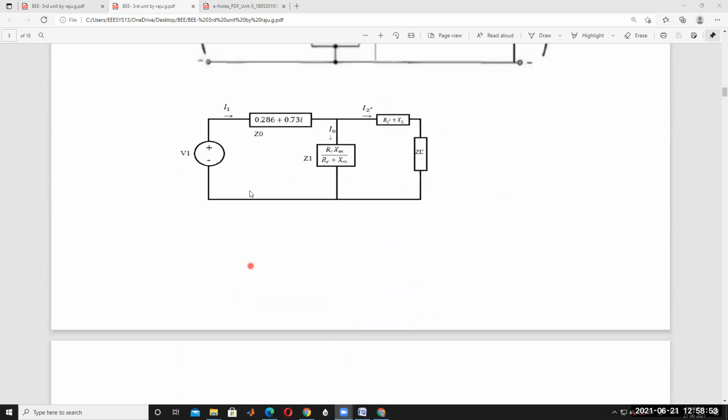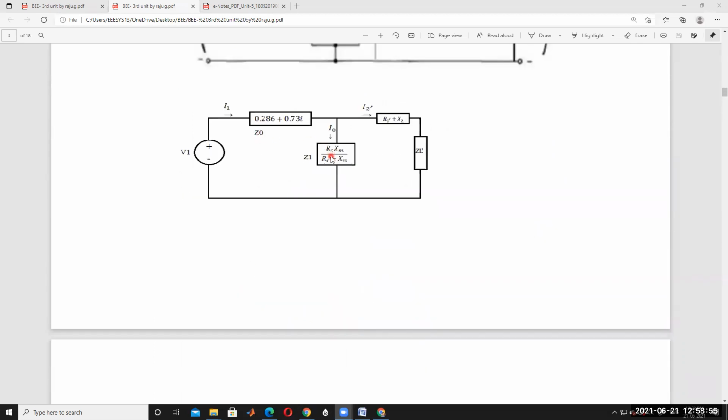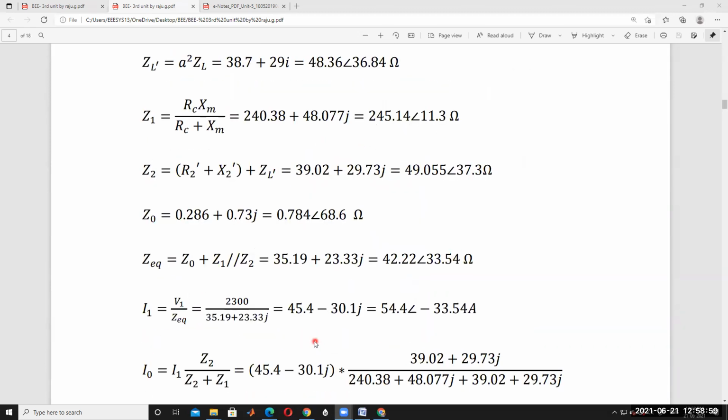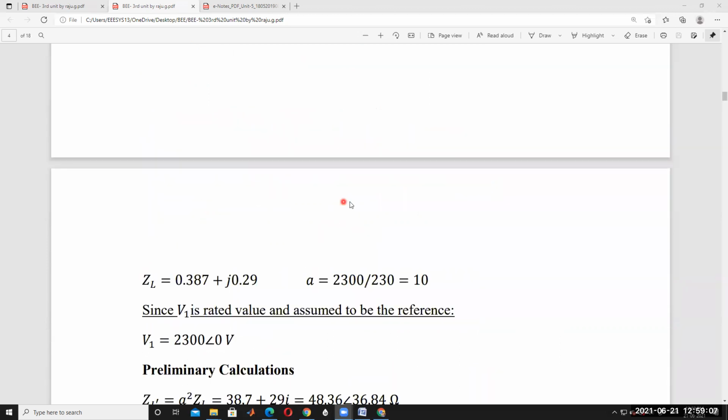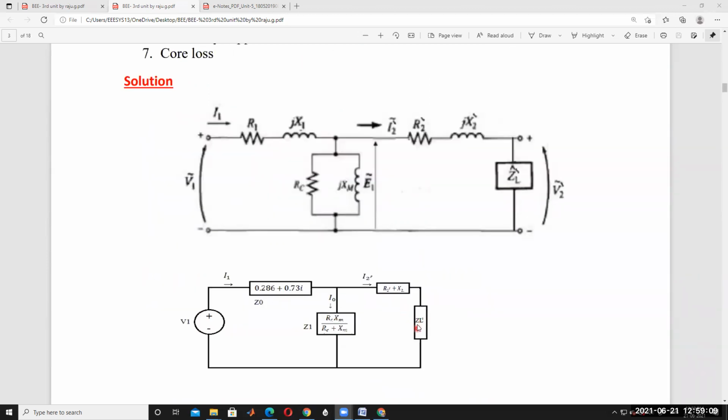So the total impedance is Z0 plus Z1 Z2 by Z1 plus Z2. Z equivalent is equal to Z0 plus Z1 Z2 by Z1 plus Z2, with Z1 parallel with Z2. Z2 is the addition of this impedance and the load impedance. So this is the total impedance.